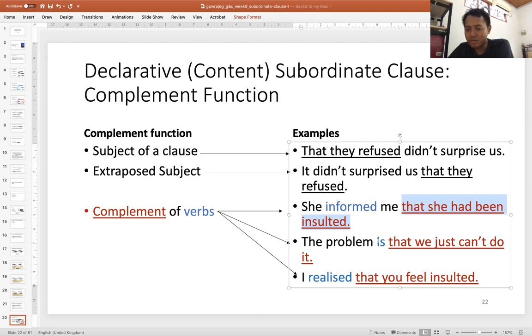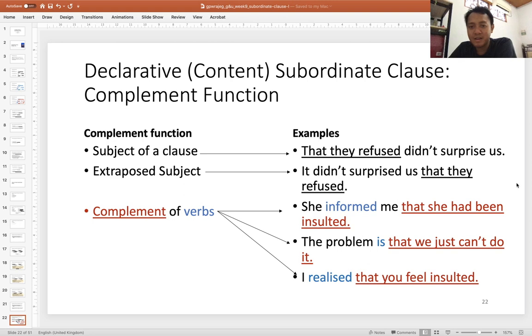It can also be a complement of the predicate is, like the problem is that we just can't do it. The problem is that we all now need to stay home. Or the good news is we all need to stay home, for instance. Another example is I realize that you feel insulted. I realize that you need a better network to do WebEx class.